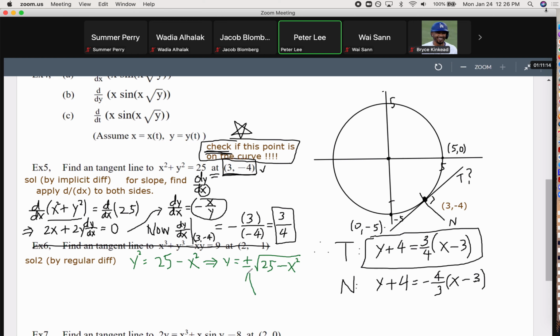The question is, which one do we choose? If you don't choose the correct one, then you will make a mistake here. Do you think we should choose the plus or the minus? Which one do we choose to take the derivative for this problem?